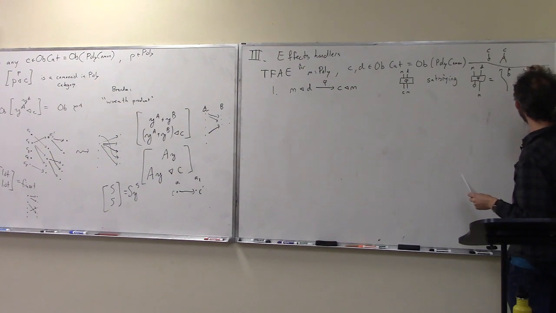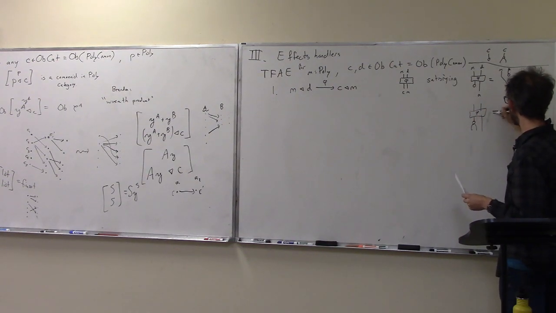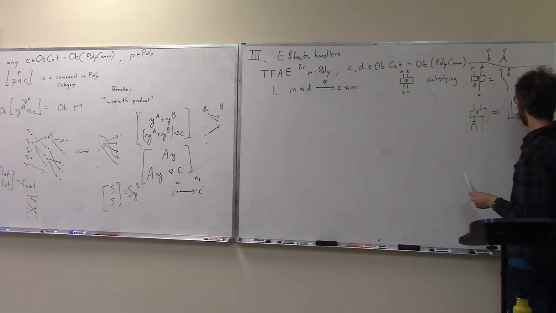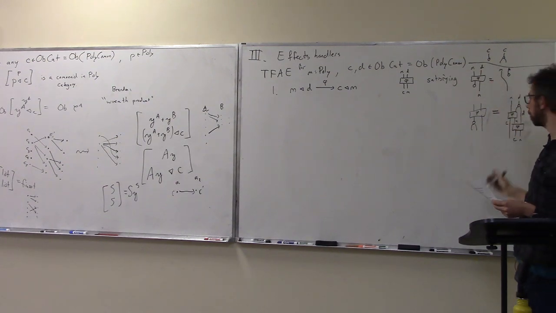The other one is that M D, run it through phi, and then duplicate, should be the same thing as duplicating, running this one through. Note that's M, and that's D, M, D, C, and then running that again, C, M. So hopefully these pictures are kind of nice.